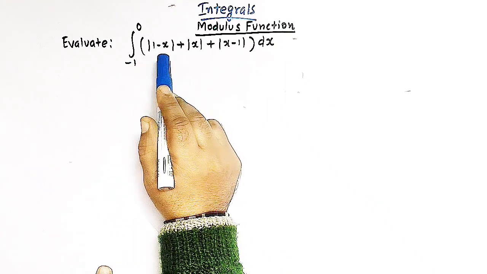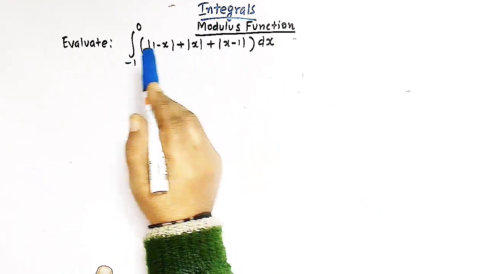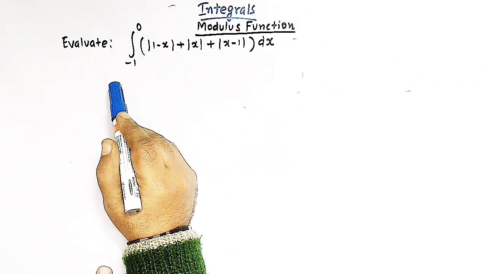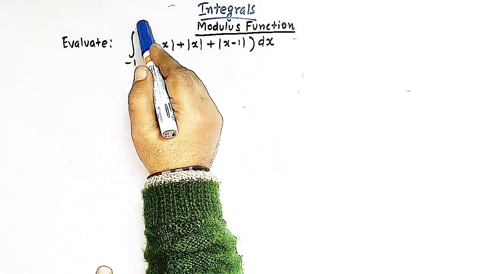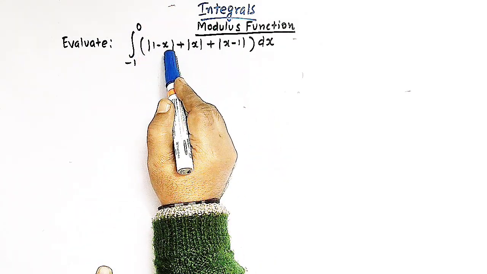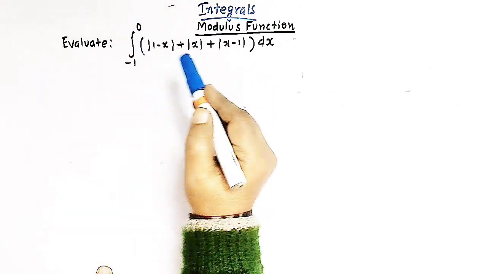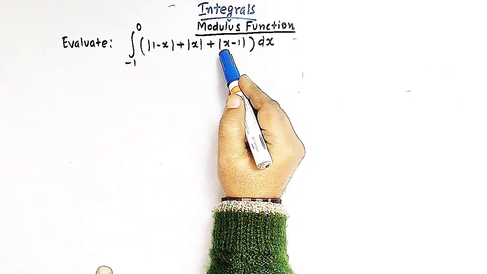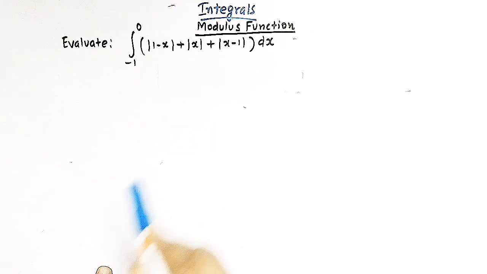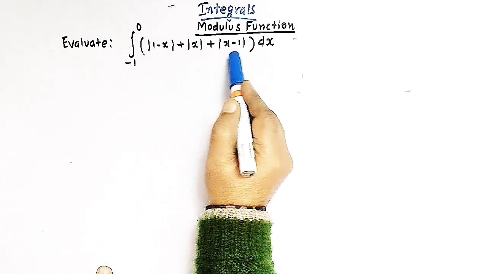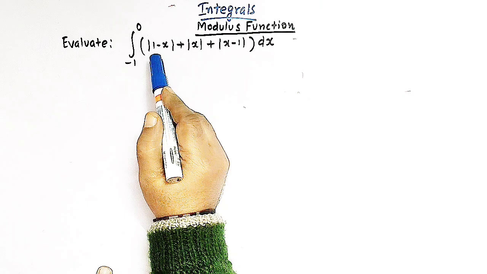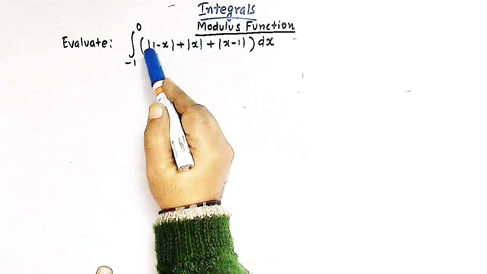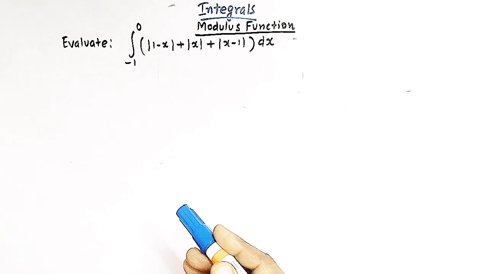Although we can also solve this integral by taking the sum of three integrals, that is from minus 1 to 0 mod of 1 minus x, then from minus 1 to 0 mod of x, and then minus 1 to 0 mod of x minus 1, right? But here with the help of the definition of mod function, we'll simplify this entire expression in one go.